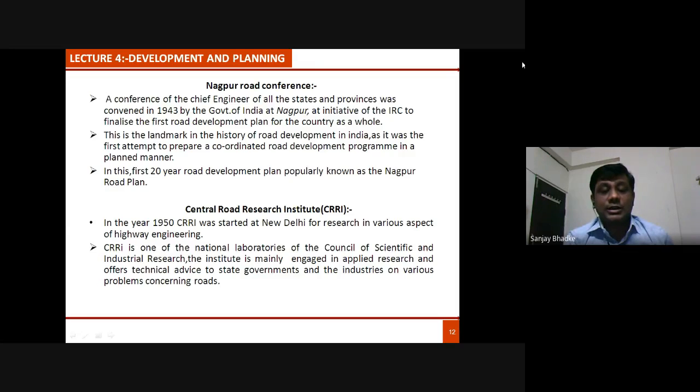The institute is mainly engaged in applied research and offers technical advice to state governments and industry on the various programs concerning roads. Basically, when there was an increment in the work, to help the IRC another body was introduced, which is called CRRI, the Central Road Research Institute.